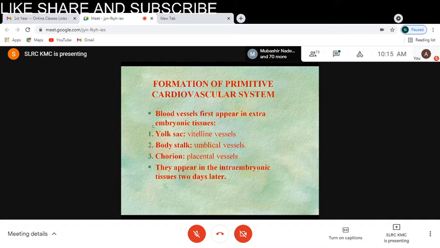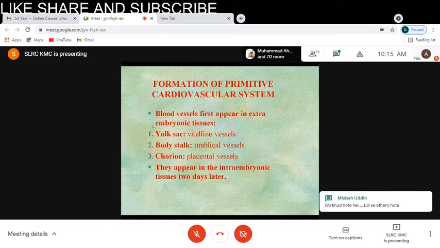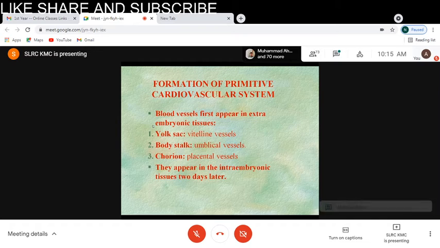The vessels which develop in the yolk sac are called the vitelline vessels. The vessels which develop in the body stalk are called the umbilical vessels, and those which develop in the chorion are called the placental vessels. And the process begins in the intra-embryonic tissues 2 days later.